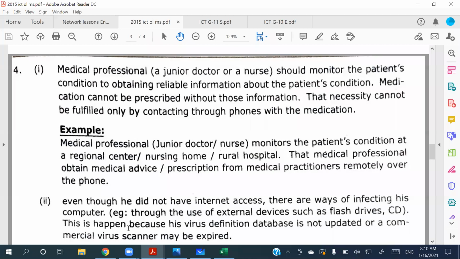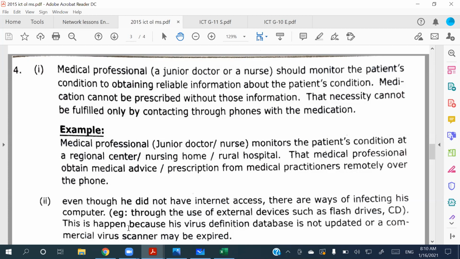So example is given, medical professional monitors the patient condition at a regional center, nursing home, rural hospital. That medical professional obtains medical advice or prescription from medical practitioner remotely over the phone, right? Something like that. It shouldn't be this exact words. The point to say is that telemedicine cannot be carried out without a medical practitioner or a medical professional along with the patient, right?